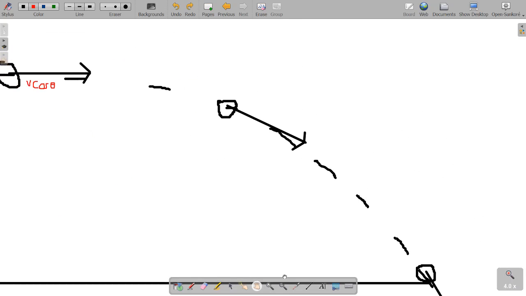And here the velocity starts to go downward, but take note, the magnitude of the vertical velocity is still less than V sine theta.